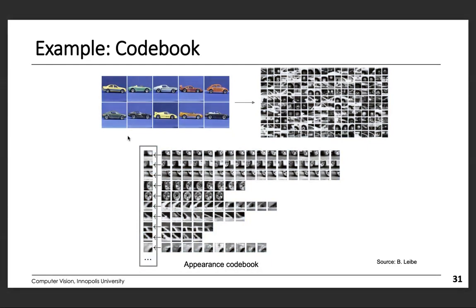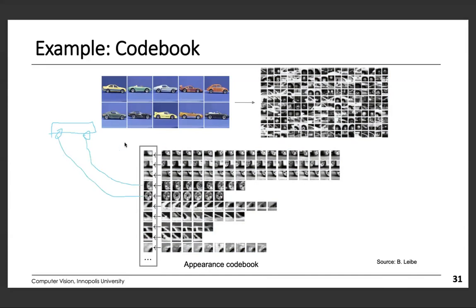Let's just draw a new car. So this is the new car. We will compare each new feature in this new car to all of these different vectors, these different words. And we will say that this is the closest to this one, and this one is the closest to this one.